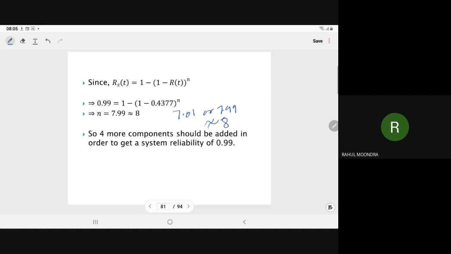So here we have 8. Earlier we had 4 components, now we require 8, so the difference is 4. So 4 more components should be added in order to increase the reliability up to 0.99. Right? Got it?